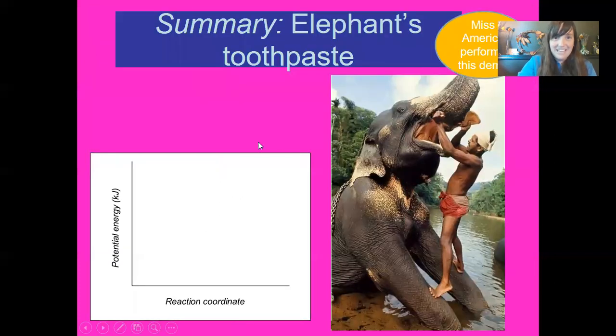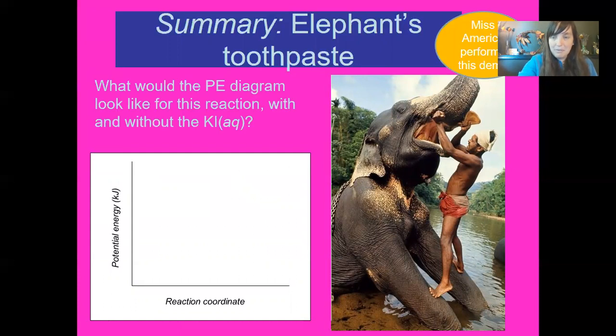Awesome. Okay, so for our summary demo, I would of course love to do this one in class for you, but since we're learning from home, I was pleased to find out from Mr. McGee actually that Miss America this year, for her talent portion, did this demo and won. So we've got a video of her performing this reaction.